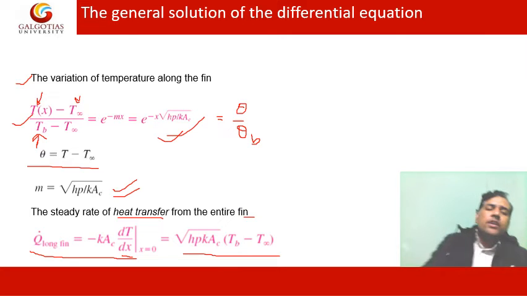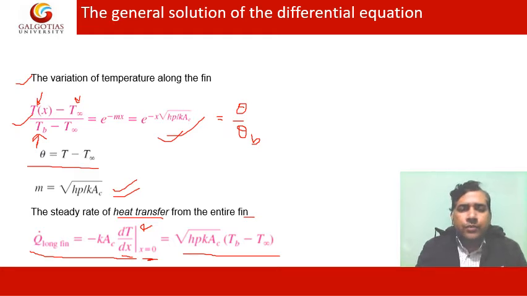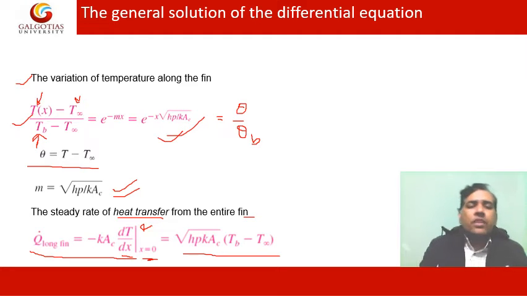This is how the heat transfer rate can be found out. The value of dT over dx at x equal to 0 can be found from the values given in the previous slide. And this is how the heat transfer rate can be calculated.